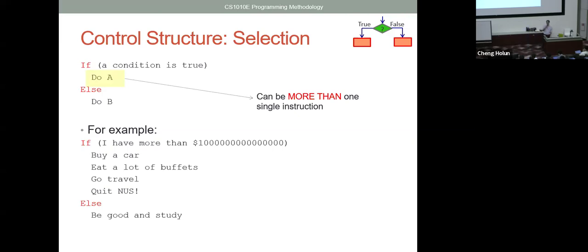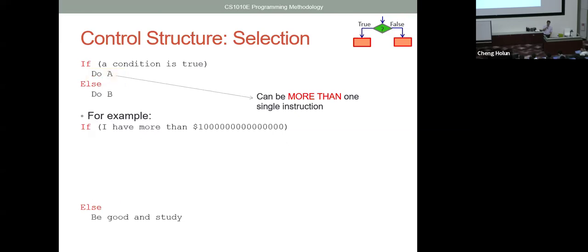Of course, you can have nested choices. That means if I am going to have that much money, I can do another nested if then else. If I'm totally heartless, I will do all this enjoyment for myself. I will buy a car and enjoy myself and go to travel in Europe.